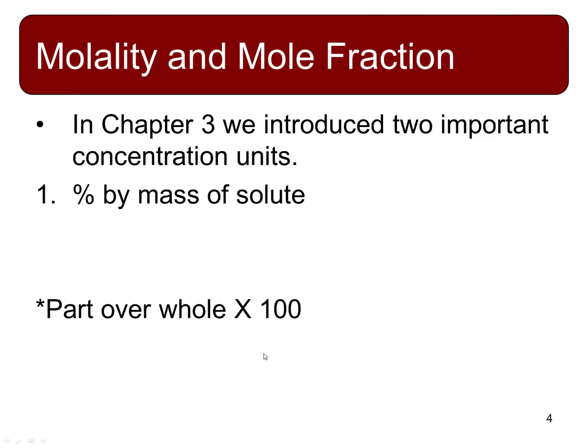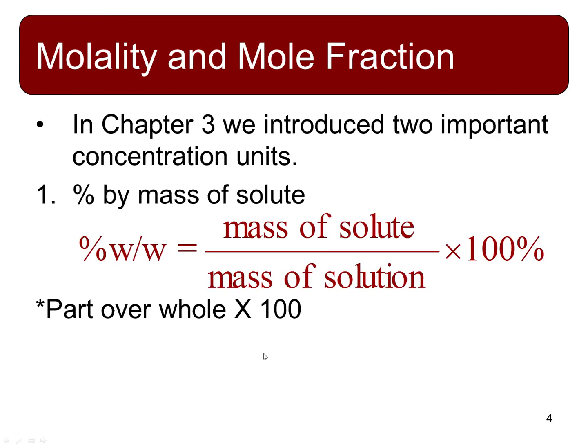Okay, so just to review what you just told me. Percent by mass is one way that we express concentration. So we take the mass of the solute. Can anybody tell me what a solute is? You can give me an example, anything, or the definition. Okay, sugar in sweet tea or in water, salt in salt water.